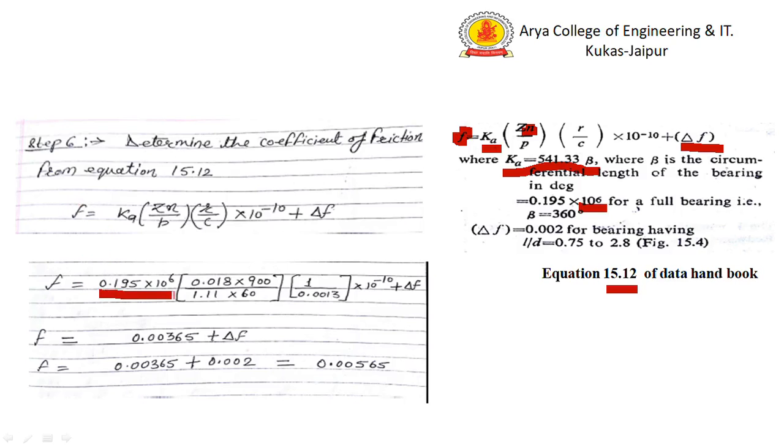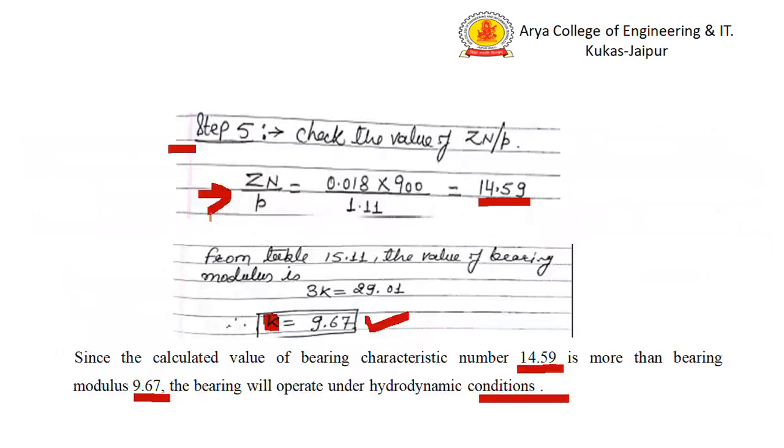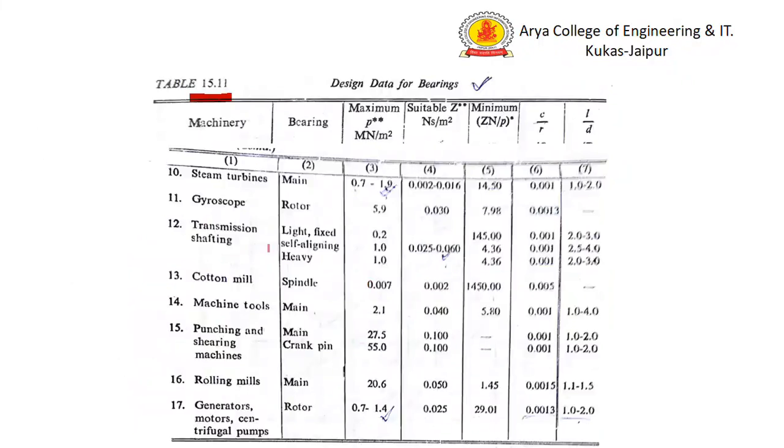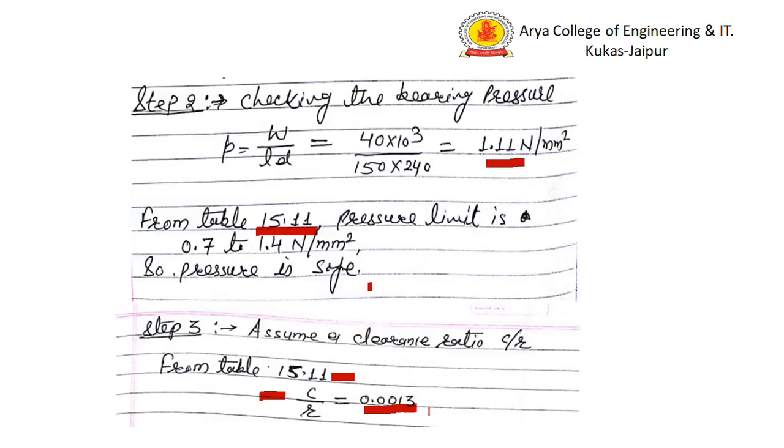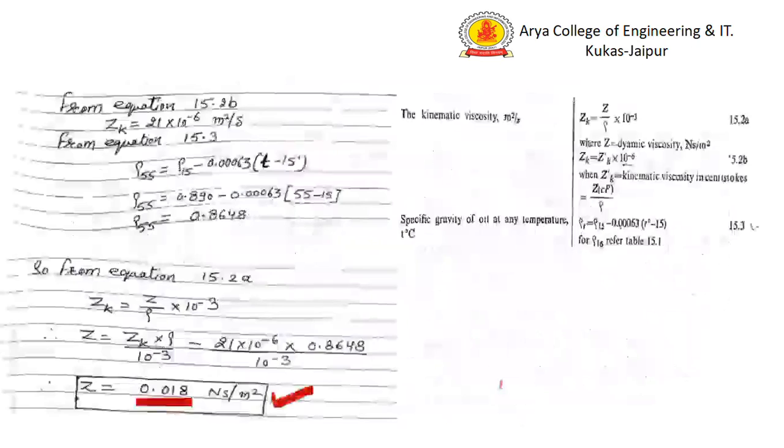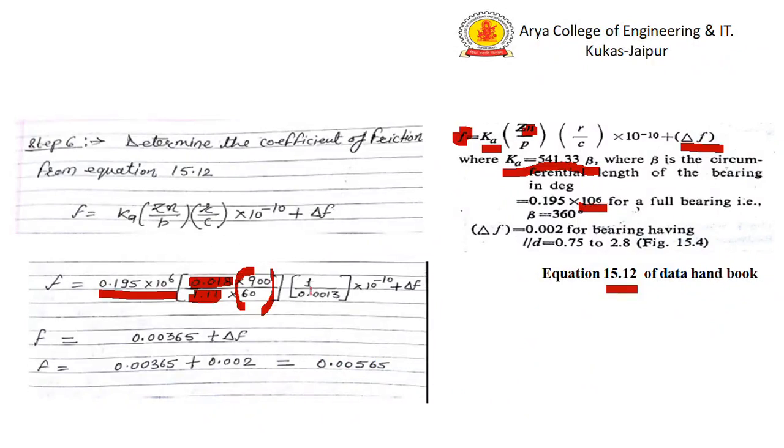We put these values in the equation. Ka, this is the value of Z, n is RPS. The given value is 900 rpm, so we have to divide this value by 60. Pressure 1.11, R by C. In step number 3 we assumed that C by R is 0.0013, so we put this value in the equation.